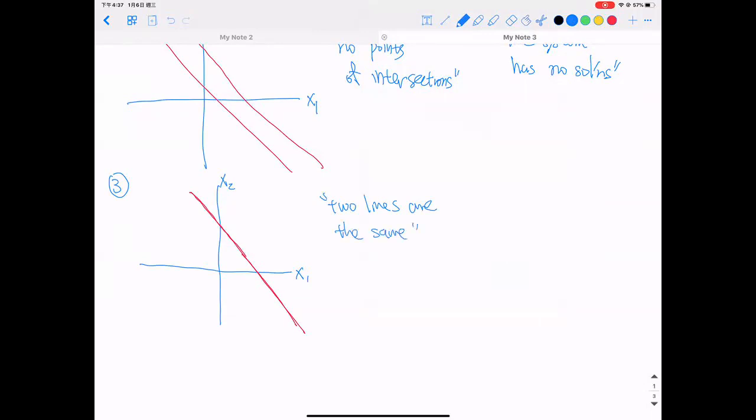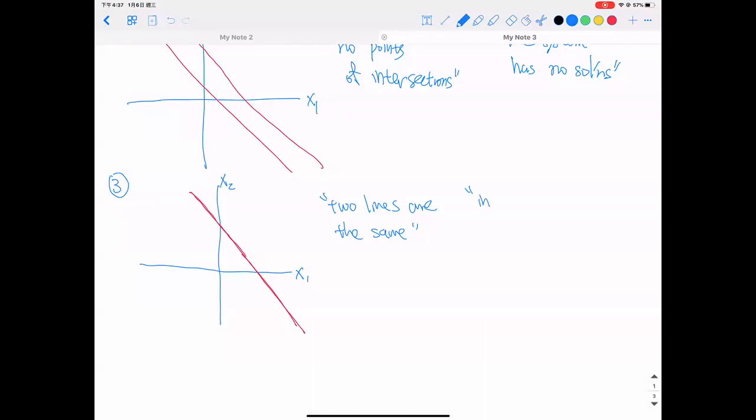Now again, points on each line correspond to solutions to each linear equation. Both equations give you the same line, so any point on this line is a solution to both equations.